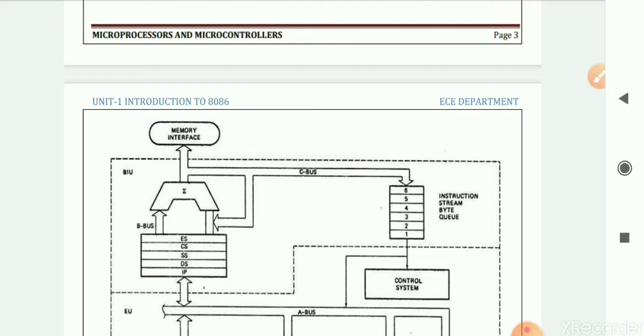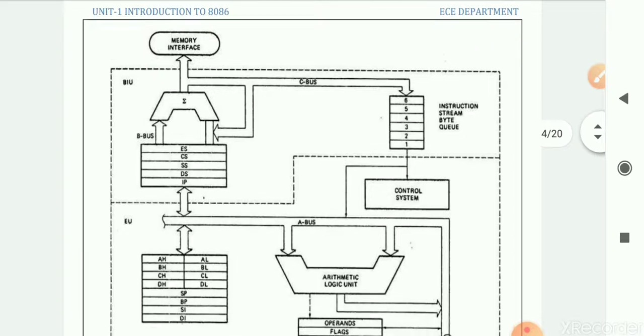So we will study what pipelining architecture is, and how it helps in fast processing of the microprocessor. Okay, so see here the architecture of the 8086 microprocessor.